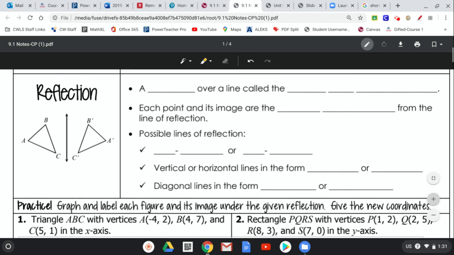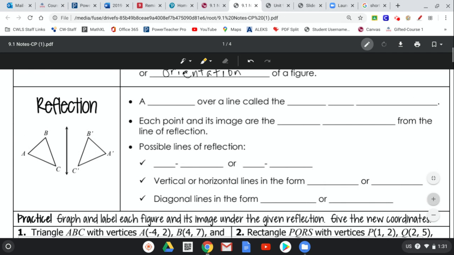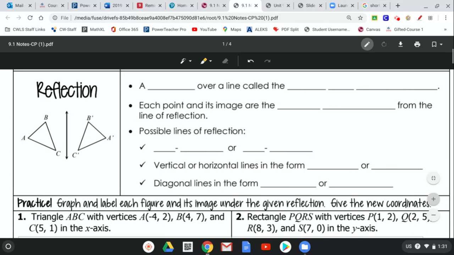All right, so the first transformation that we're going to talk about is a reflection, okay? Anytime we think of a reflection, I think of a mirror, because basically it's the mirror image. So you can see here, the mirror would be this line in the middle, and this triangle ABC is looking in the mirror at triangle A'B'C'.